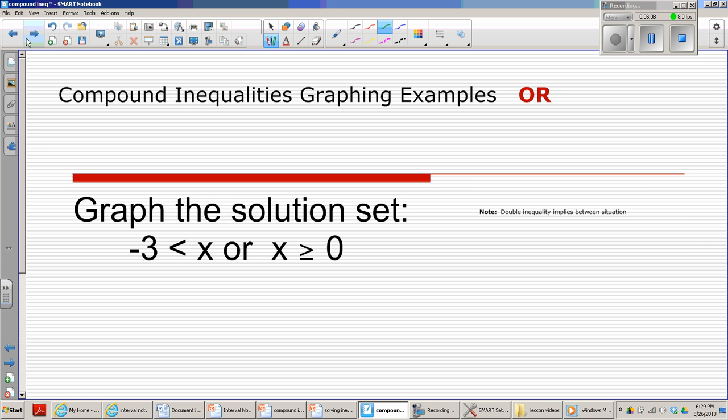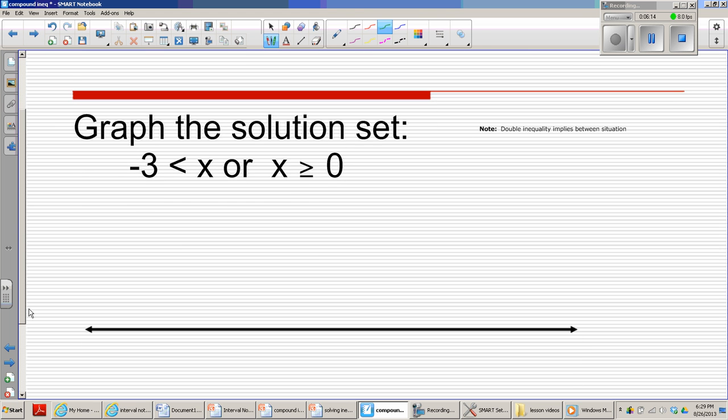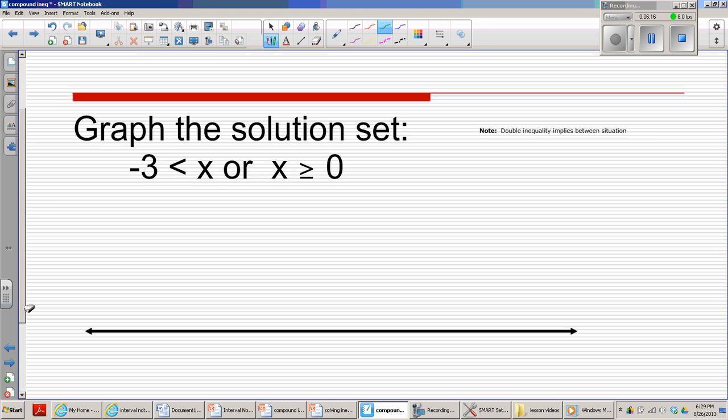Now we're going to do an example of a graph for a compound inequality with an "or." You don't have to do the separate graphs with the compound inequality in the "or" situation, but you can if you want to. If we did the first one, we would want to flip that inequality around.